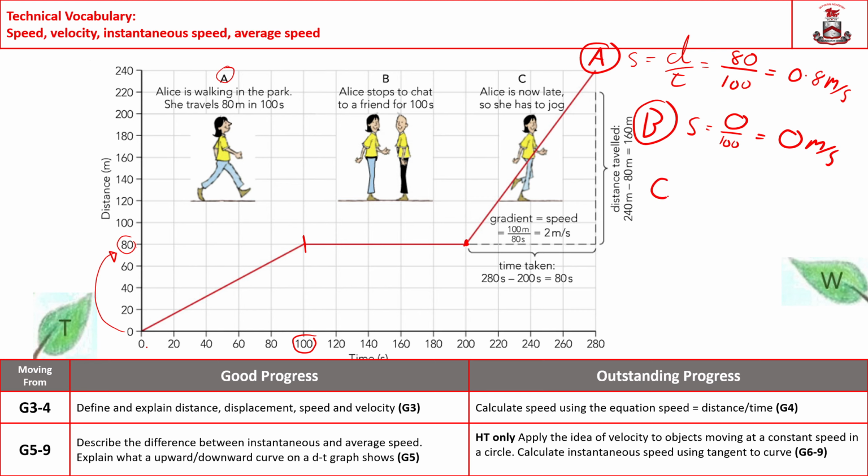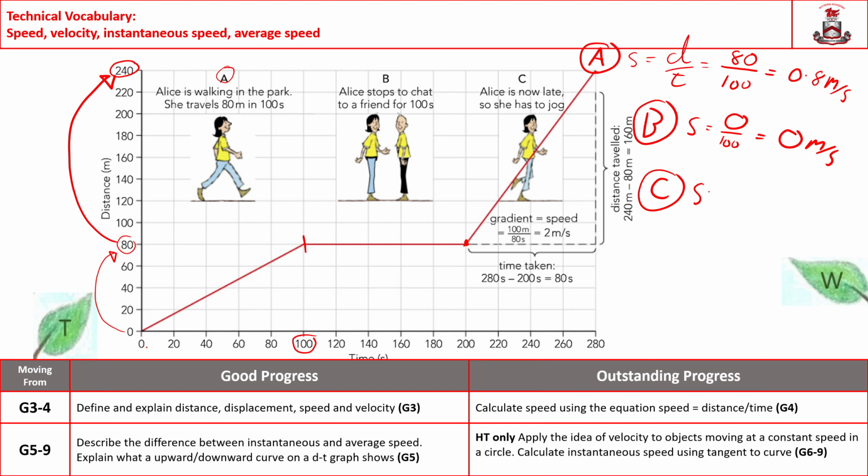And if we look at C, well, she started at 80. So this last section, how far did she move? She started at 80 meters and she moved to 240. So she started there and moved to there. So let's have a look. Minus 80. I'm getting my calculator in so I don't make a mistake.